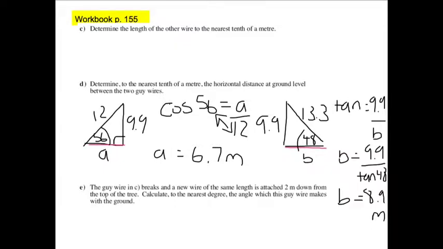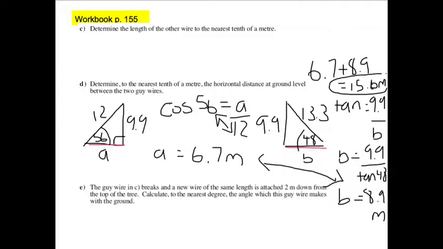Now, of course, what we need to do is add these two values together, and that will give you the horizontal distance. So you got 6.7 plus 8.9, and what you're left with is 15.6 meters.